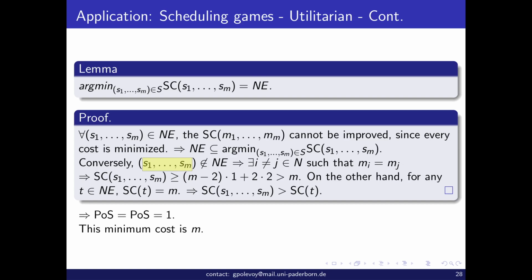So if something is a Nash equilibrium, then the social cost of that profile is minimum, and if something is not a Nash equilibrium, we have shown that the social cost is strictly larger than the minimum possible. And we've proven the lemma, and that means that the price of anarchy and the price of stability are above 1, and I again have to fix that typo.